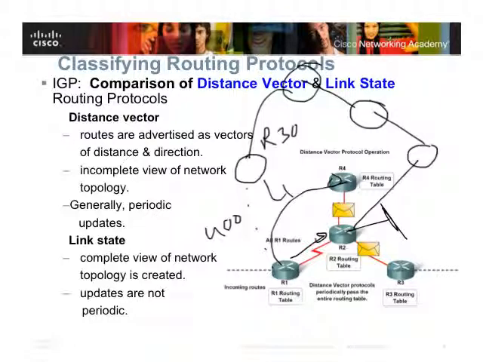In general, this advertisement of the distances happens periodically. Okay? And this is another problem in some of the routing protocols in the distance vector category: they generally use periodic updates.